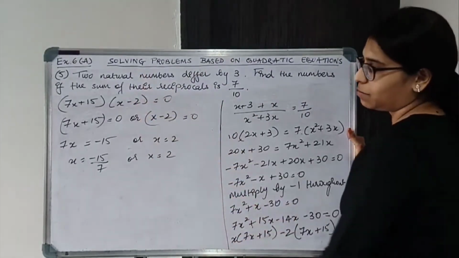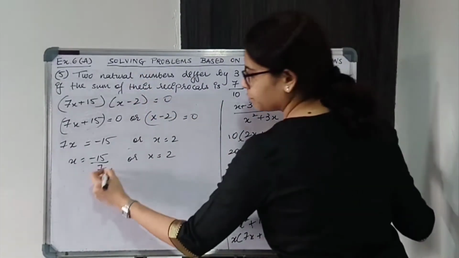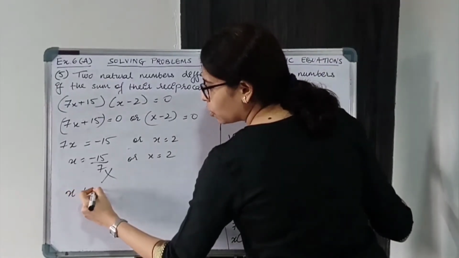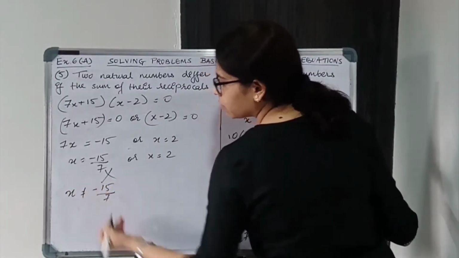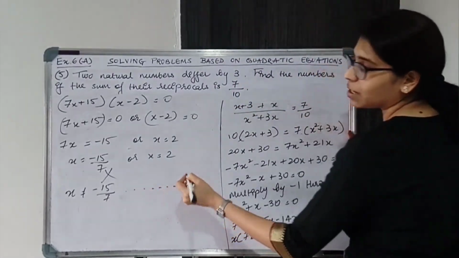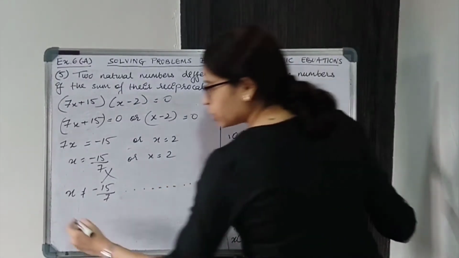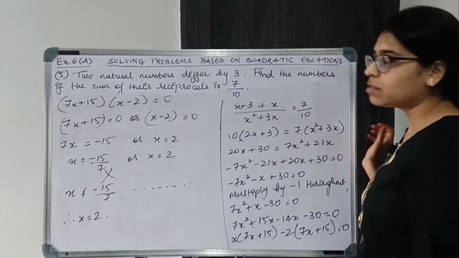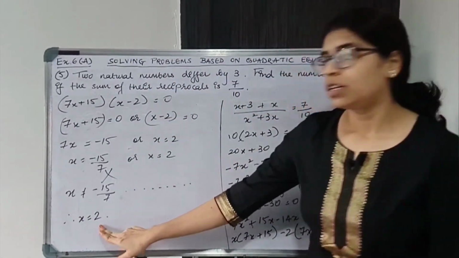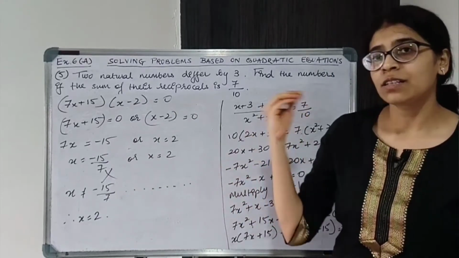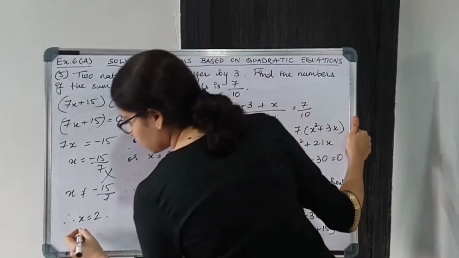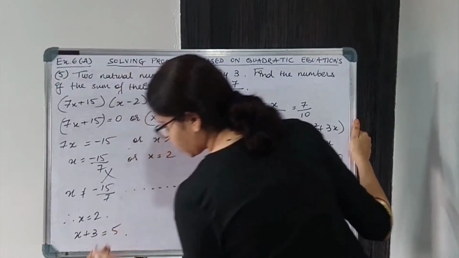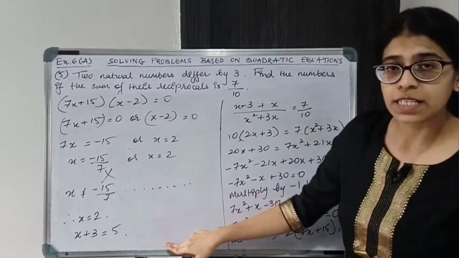Natural numbers here. Is this a natural number? So you need to write down the statement x is not equal to minus 15 upon 7 because x is a natural number. Alright, so therefore x is equal to 2. Now since x is 2, दूसरा नंबर क्या हो जाएगा? x plus 3, that is 5. Alright, so you need to write down the final statement.